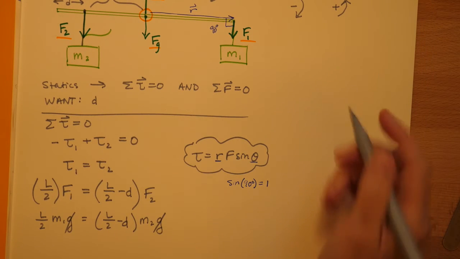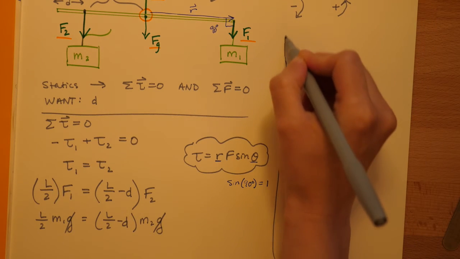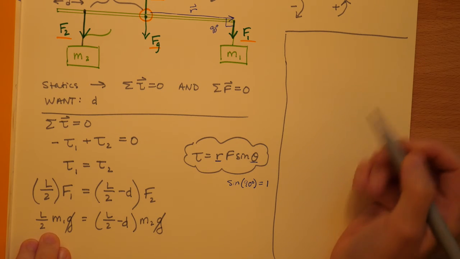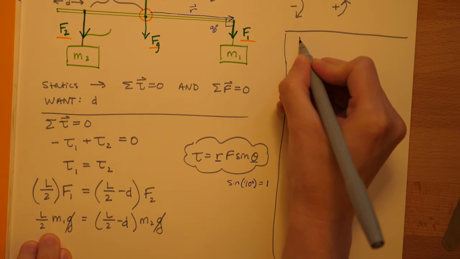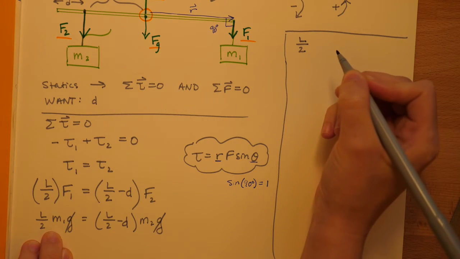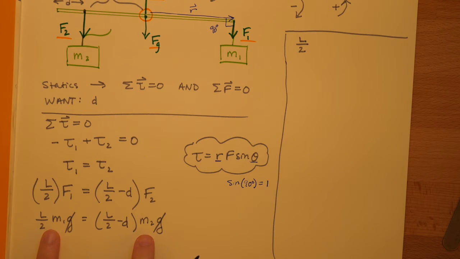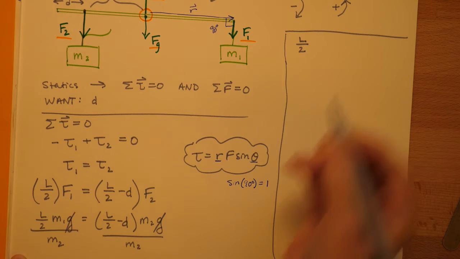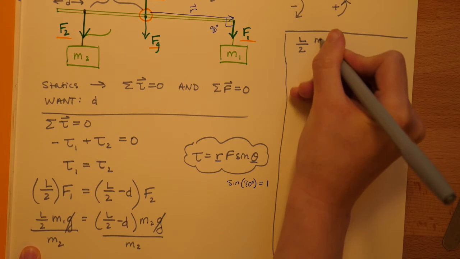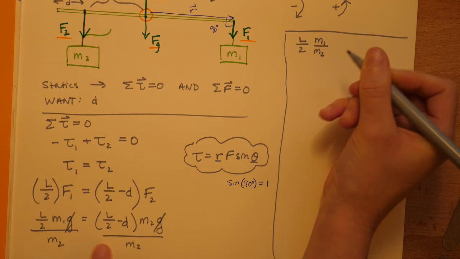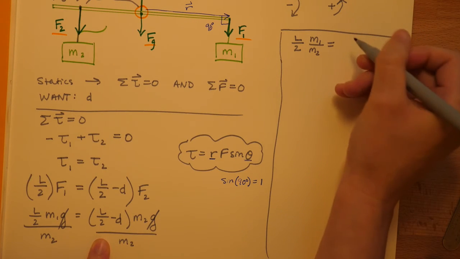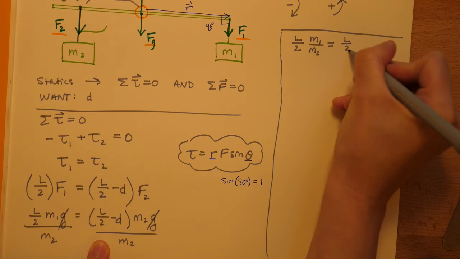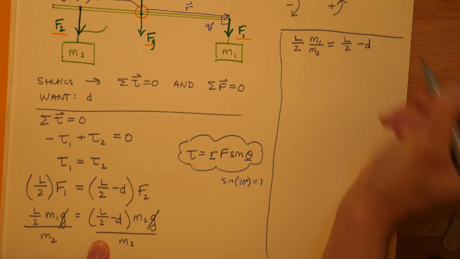So let's do that. I'm going to continue it over here. I'll start by dividing both sides by m2. So that gives us L over 2 m1 over m2, and that's got to be equal to L over 2 minus d.